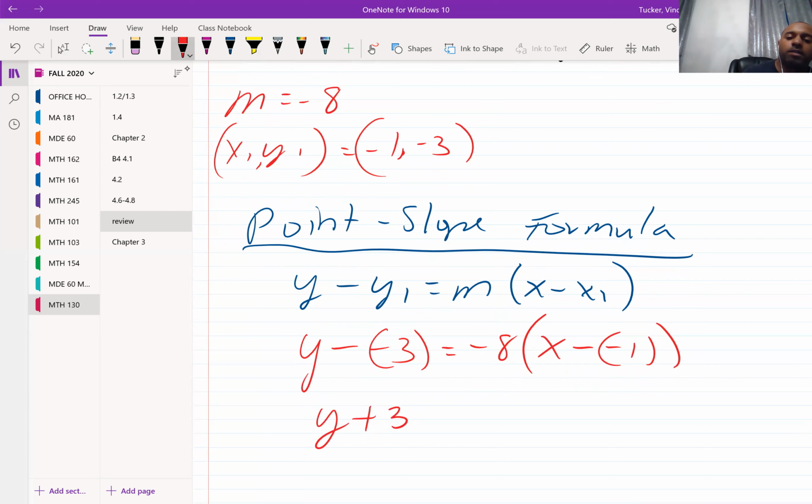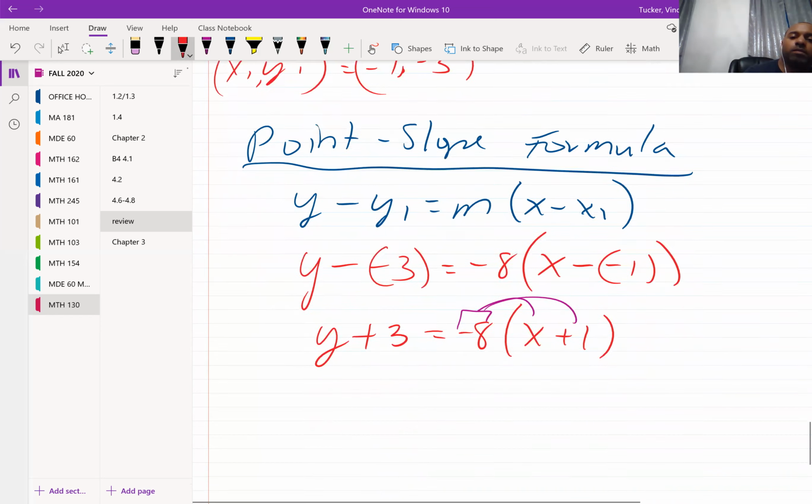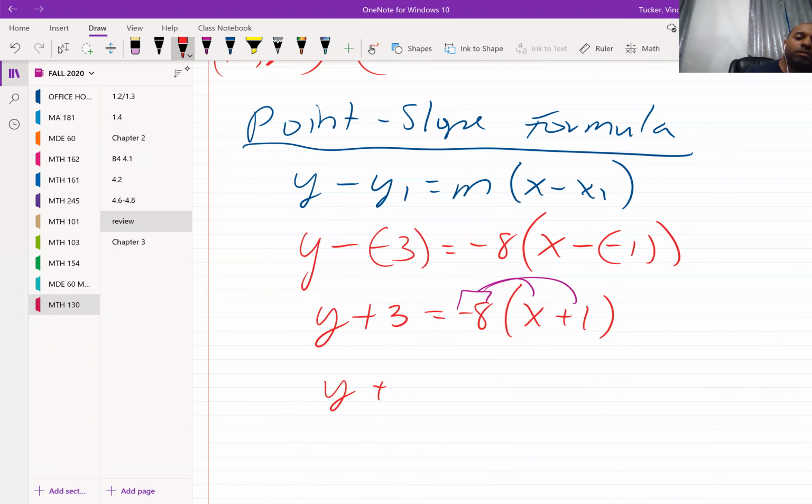Go ahead and simplify. I'm just going to make this positive before I distribute. Distribute -8. So -8x minus 8. And subtract 3 from both sides.